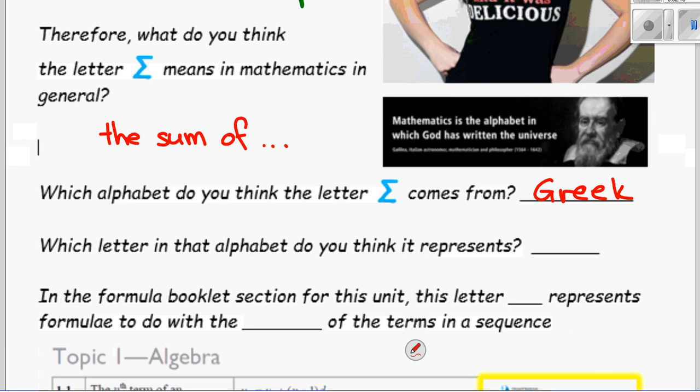S, yeah. It stands for S. I didn't think of that, but yeah, it does. It looks like E, which would be the more obvious one. So the hint was sigma is its name. So it stands for S.